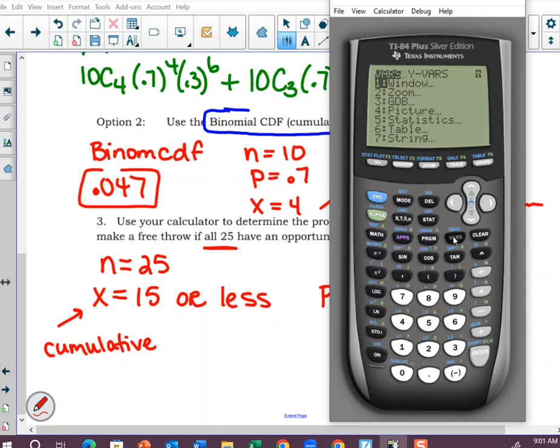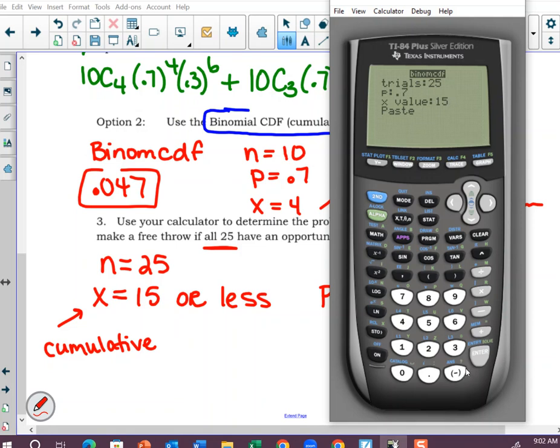Oops, not vars, second vars. And the cumulative distribution function with 25 trials, 15 or fewer making those free shots.